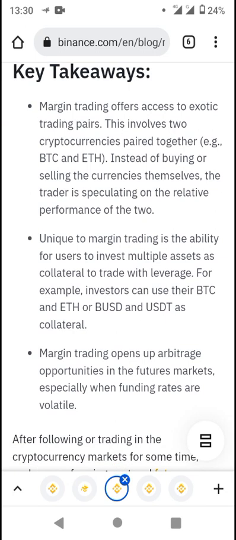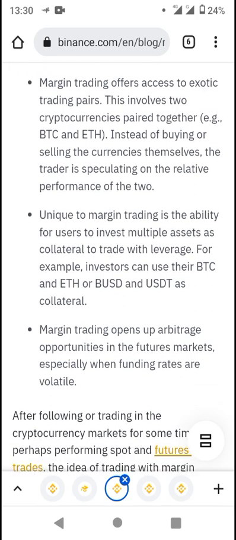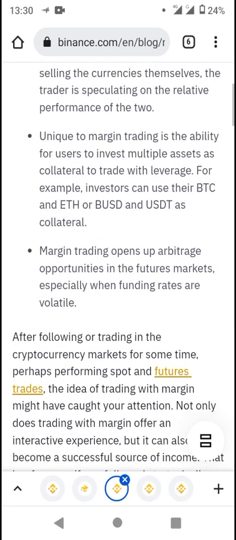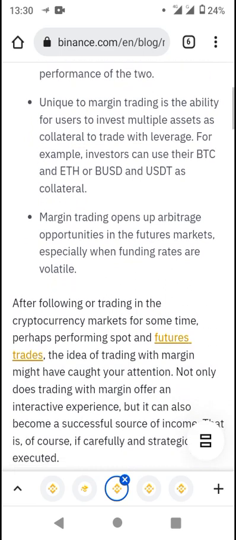Unique to margin trading is the ability for users to use multiple assets as collateral to trade with leverage. For example, investors can use their BTC and ETH or BUSD and USDT as collateral. Margin trading opens up arbitrage opportunities in the futures market, especially when funding rates are volatile.